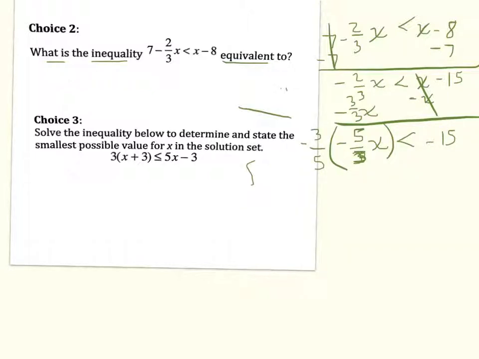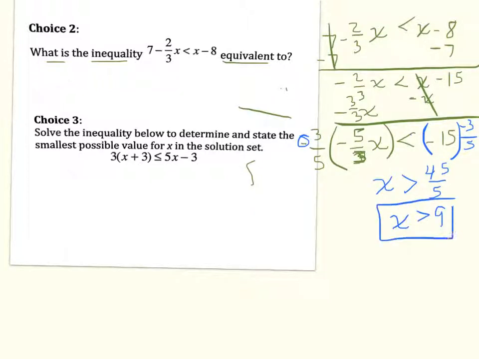And since I am multiplying by a negative, I'm going to need to reverse my sign. So I'm going to wind up with x, 45 over 5, or x is greater than 9. So this is my answer for choice number 2. X needs to be greater than 9.